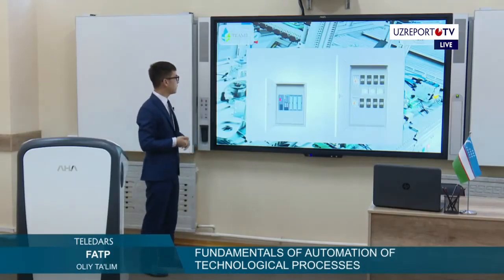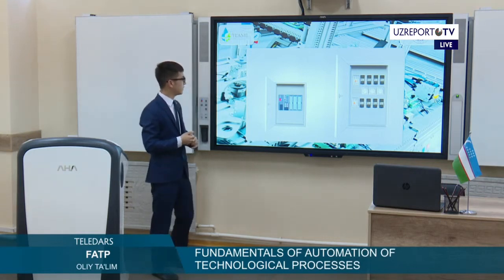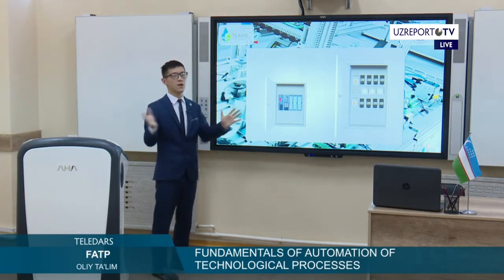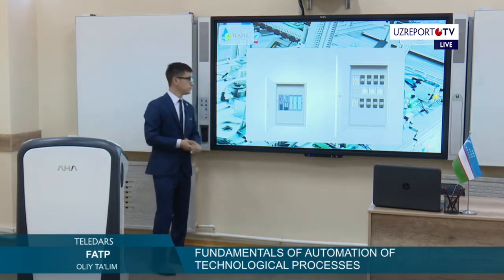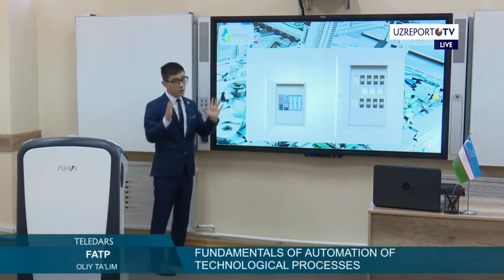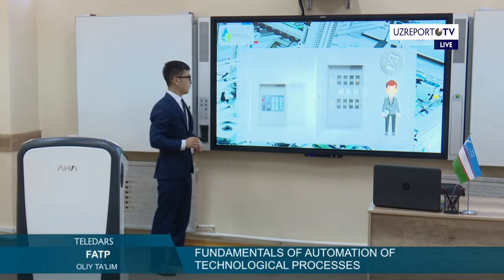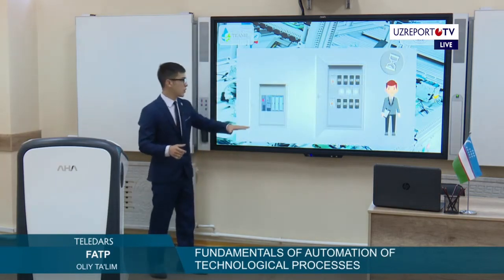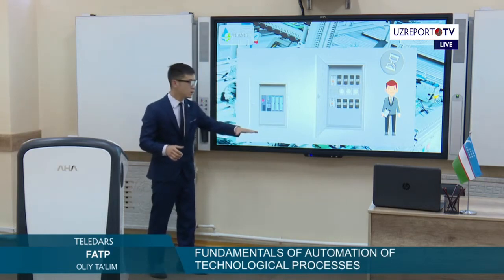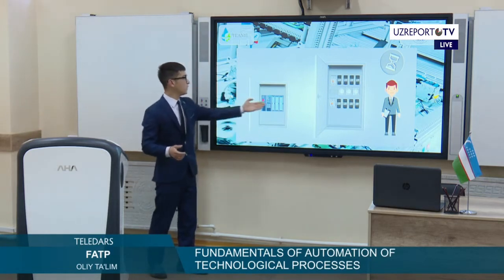In programmable controllers, the most important side is that you can change the functions of controlling and making the system in a couple of seconds. But in a classic shield, you need to change it. As I told you before, to make a new project or new plan of controlling technology process, you need to take off the shield.